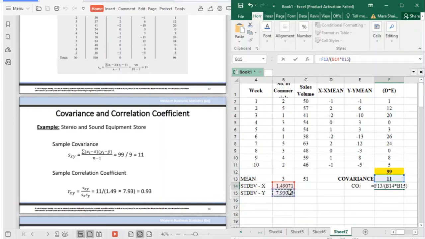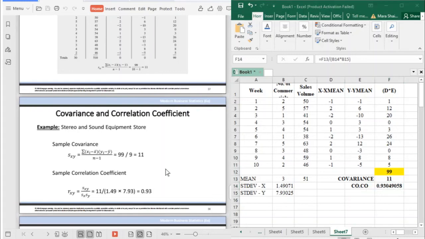And your Y. So here you have a correlation coefficient of 0.93, which is the same amount shown here. So that is how you get your correlation coefficient. Now it is near 1.